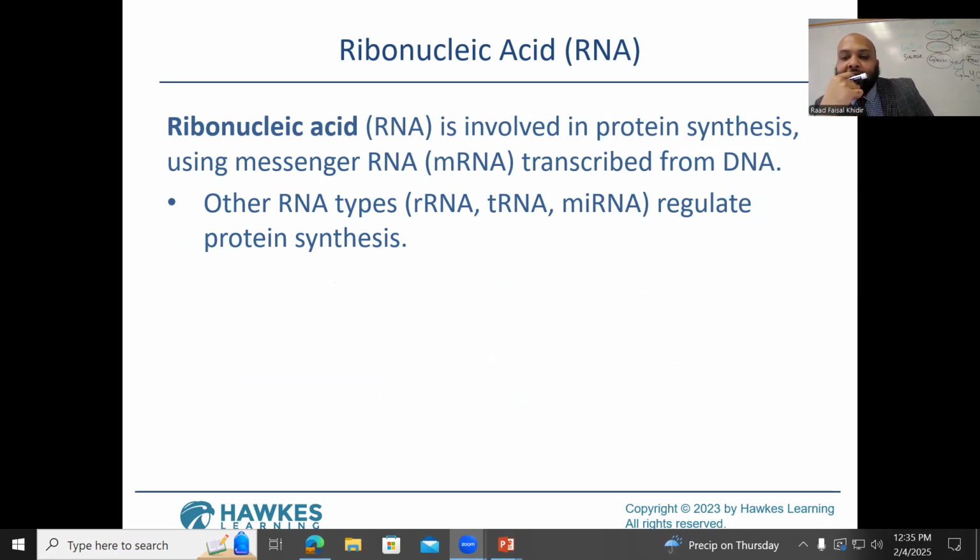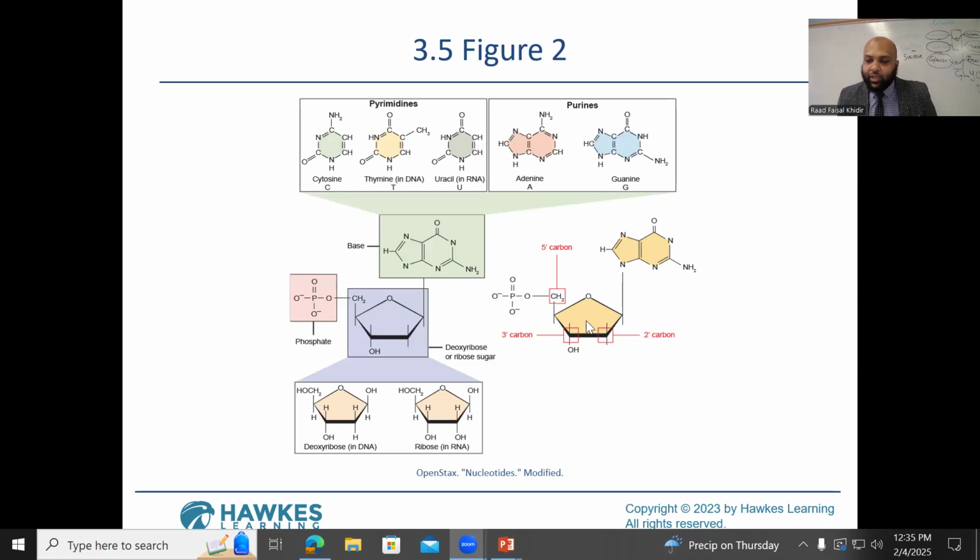So other RNA types, rRNA, tRNA, microRNA, regulate the protein synthesis. So you see, that is the second carbon, that's the third carbon.